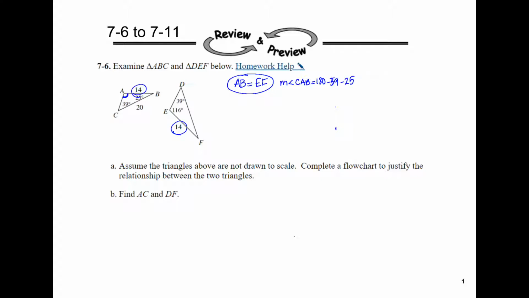And when we subtract those, we get the angle is 116 degrees. Likewise, we can look at triangle DEF, and we can say that the measure of angle EFD is equal to 180 degrees minus 116 minus 39, which tells us that that is in fact 25 degrees.